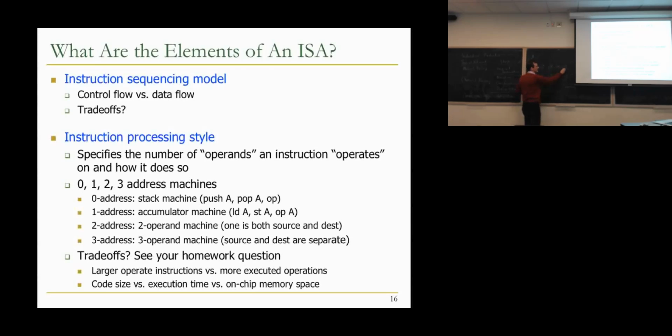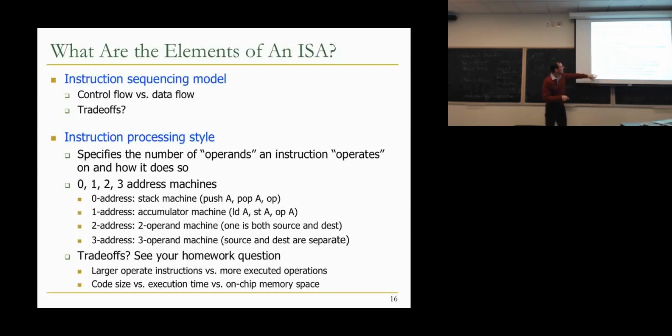Here you have 2 addresses. In stack machine, you have 0 address. You just do add. And in an accumulator machine, you have 1 address, add to the accumulator. Right? Or actually add some register or some location to the accumulator, add A, let's say. Okay?